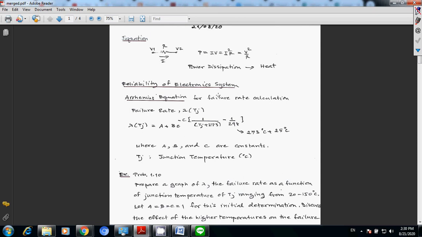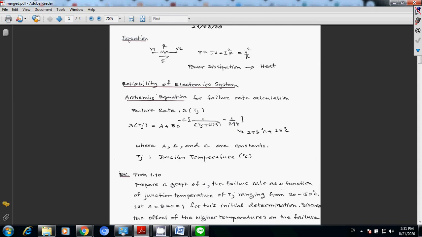That's the equation for failure rate calculation. When we're talking about failure rate, that's represented by lambda, and the failure rate can depend both on temperature and also time. Of course, when time passes by, you will have more failures because it's worn out.